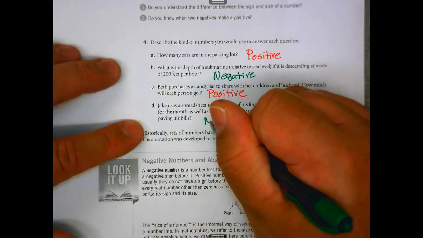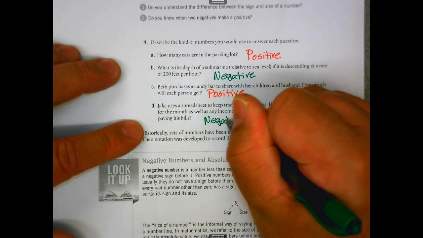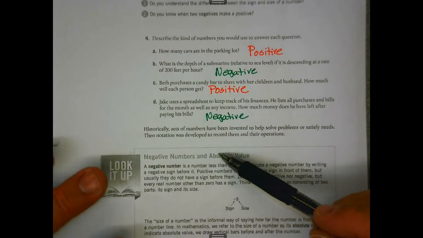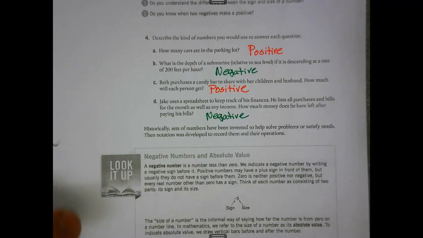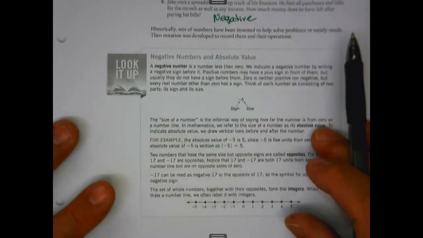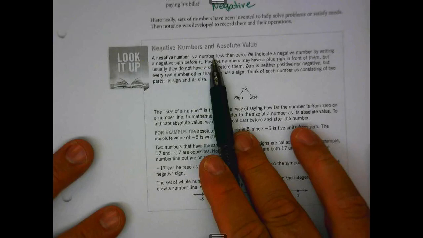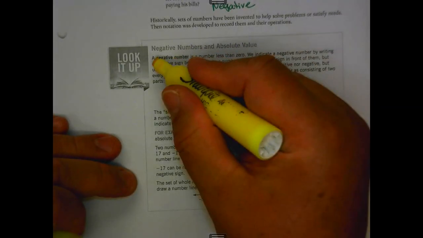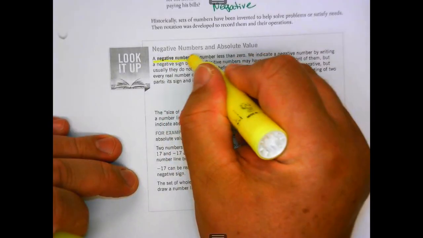Historically, sets of numbers have been invented to help. Go ahead and read that. A negative number is less than 0. That's pretty important. Think of a number line. A negative number is less than 0. We indicate a negative number by, of course, putting a negative sign in front.